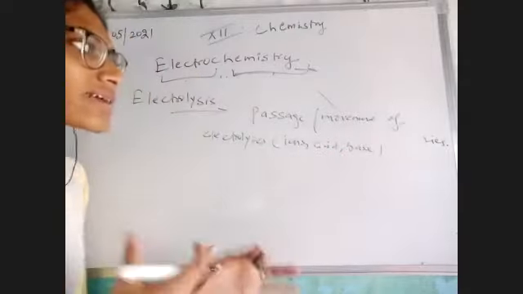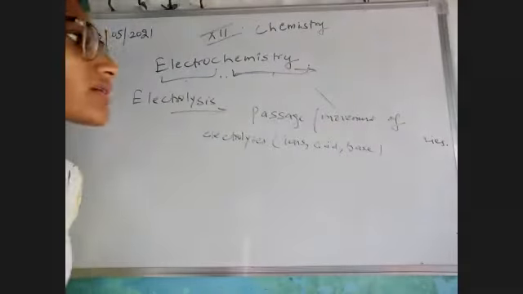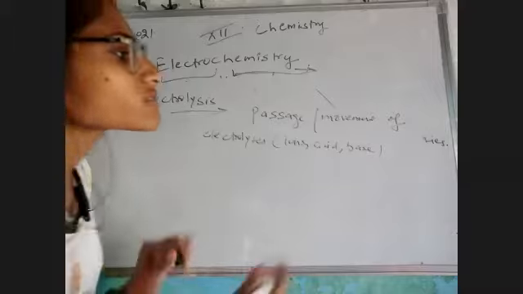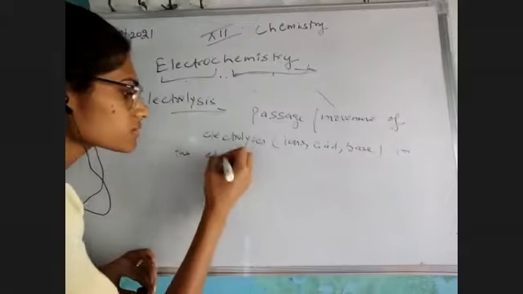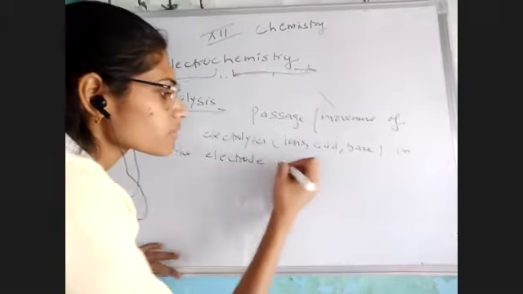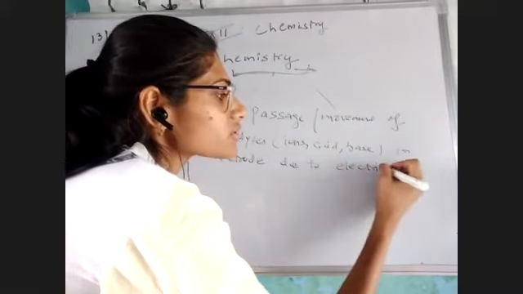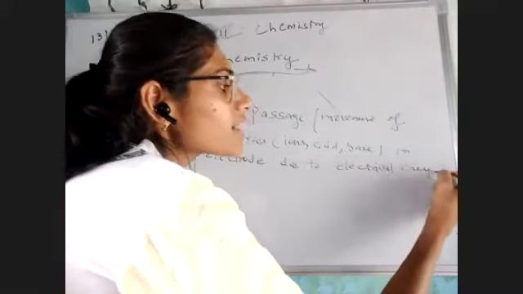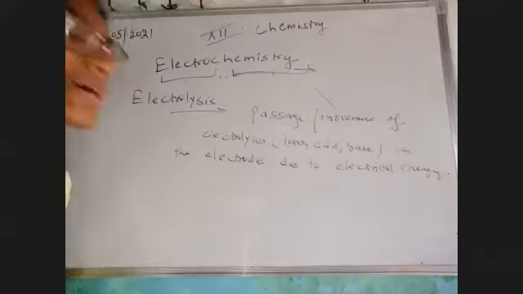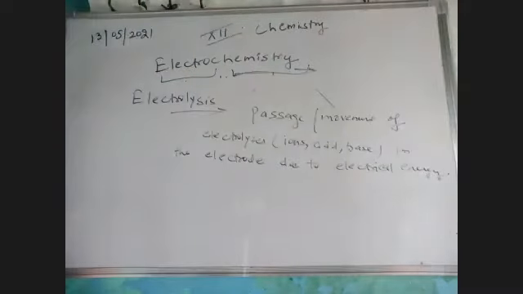That means they are getting separated, they are getting dissociated. So the passage of electrolytes to the electrode due to electrical energy. That means we are providing them electrical energy, and those have been separated out, decomposed, and the movement of these electrons has taken place.